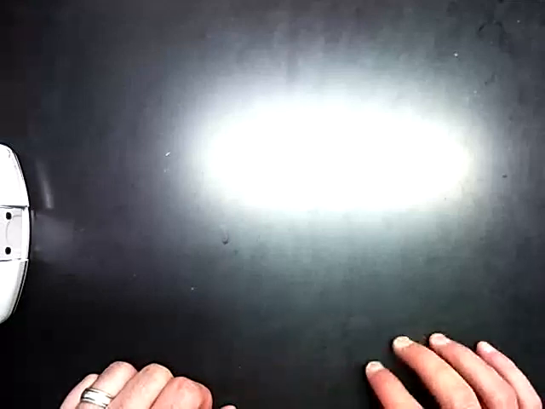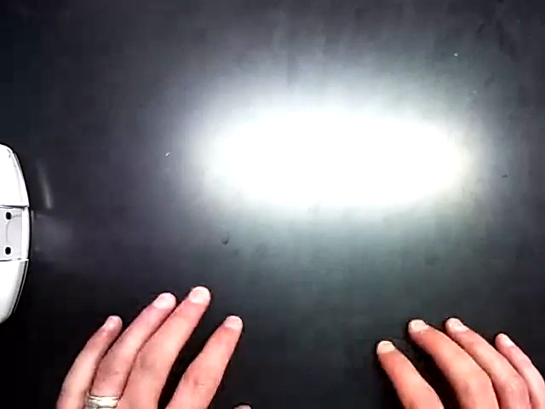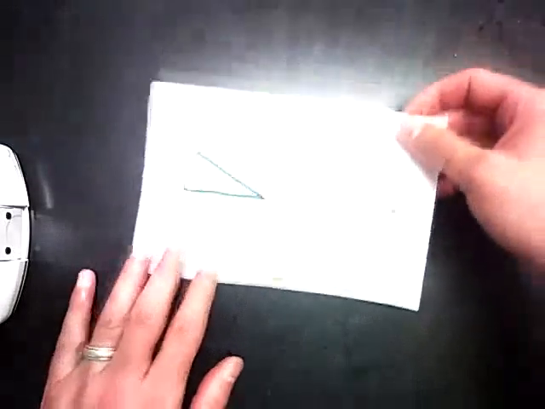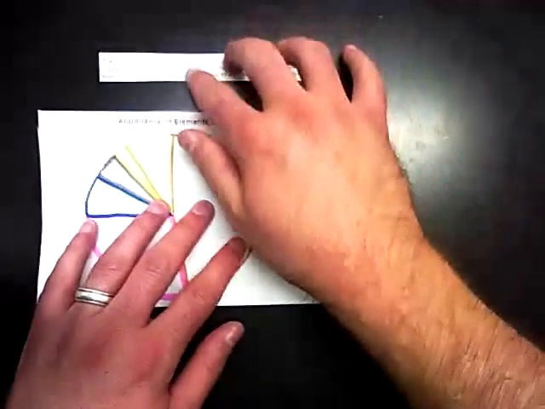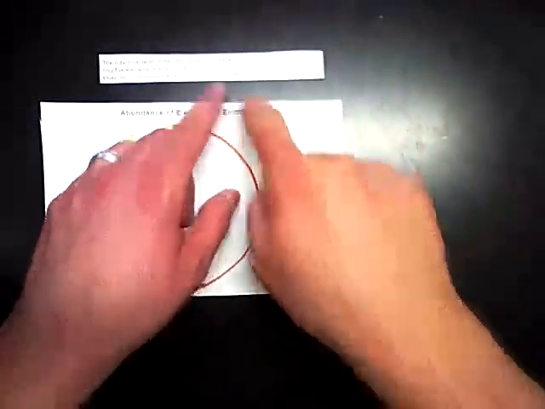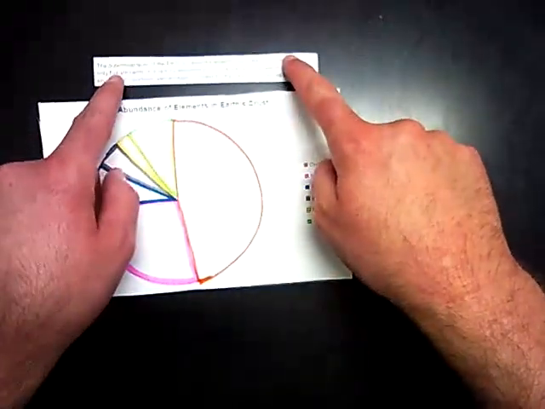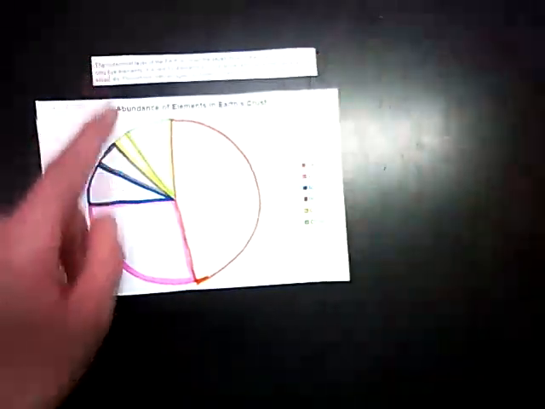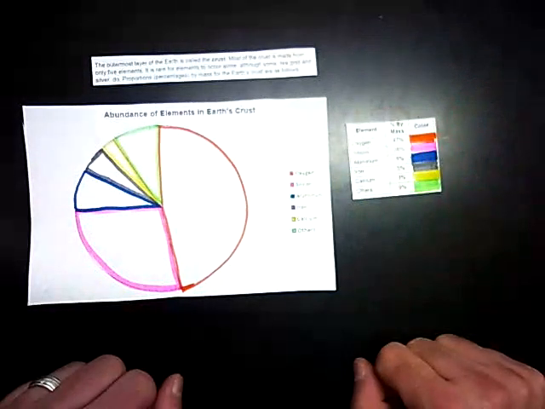Okay, so now that you got everything color-coded, what you're going to do next is you're going to cut out some of the information we just color-coded. So, for example, you're going to cut out all your pie charts, and they'll look like this, okay? And this one is for Earth's crust, so you'll cut out the little text box that was on the other sheet for the crust, as well as the chart that's color-coded.